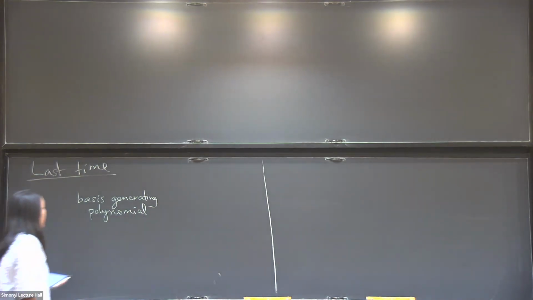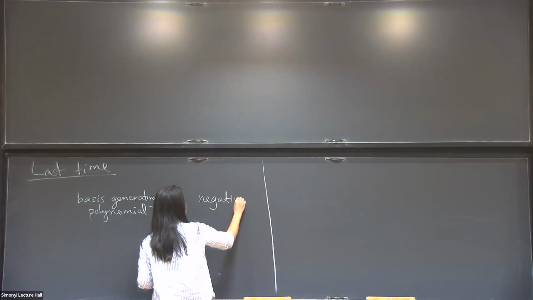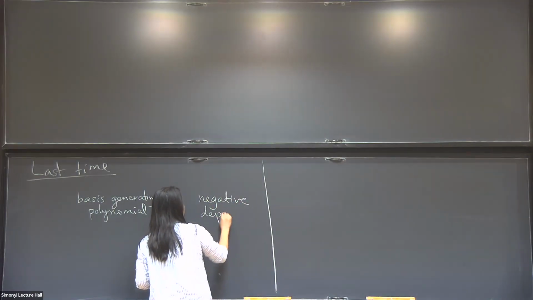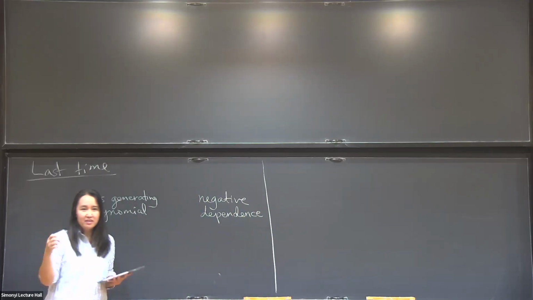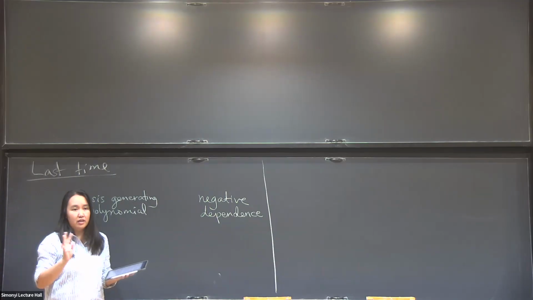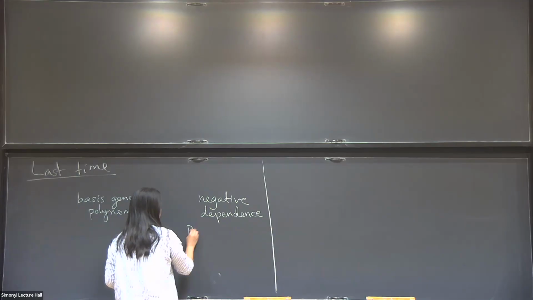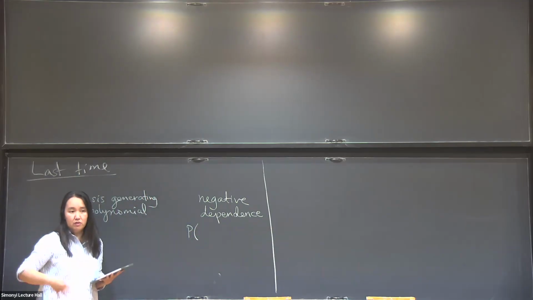And then we also looked at this property, which I was calling negative dependence. I should warn you that if you try to look this up in the literature, negative dependence is more of a general term that can mean many different things.